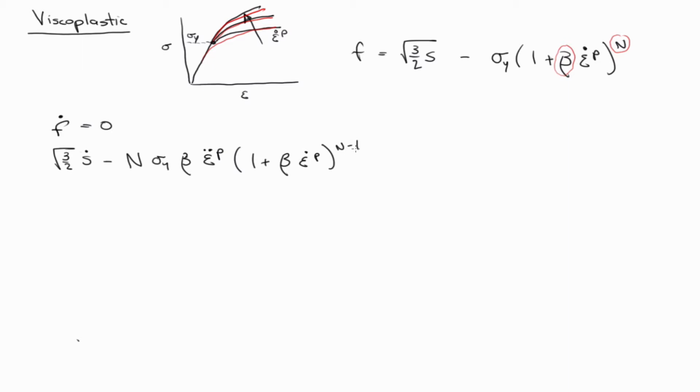Now we're going to substitute in our flow rule, or associative flow rule. Well, this is equal to 0.